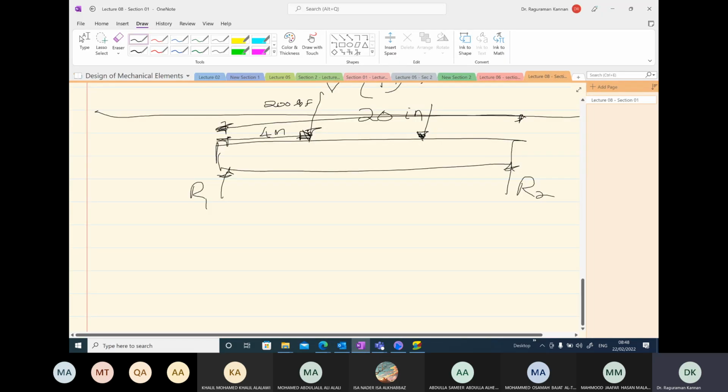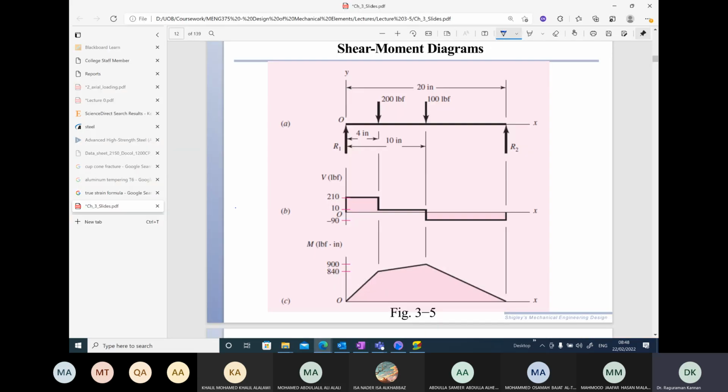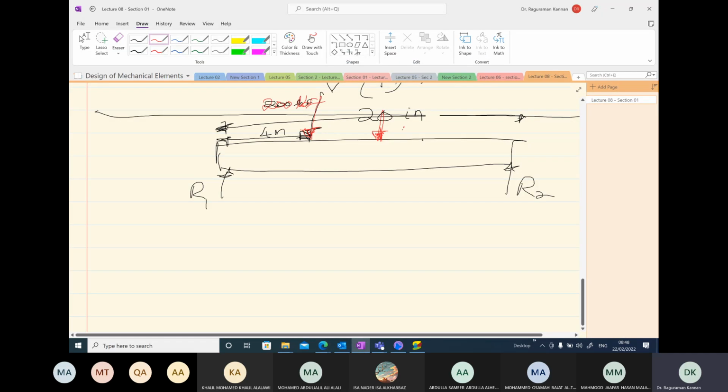Okay, so it should be right on the midpoint. Sorry for that. Let's use a different color for forces. Force, and right in the center we have 100.